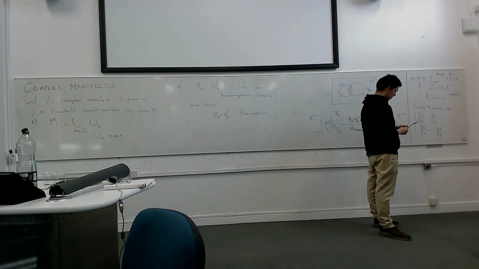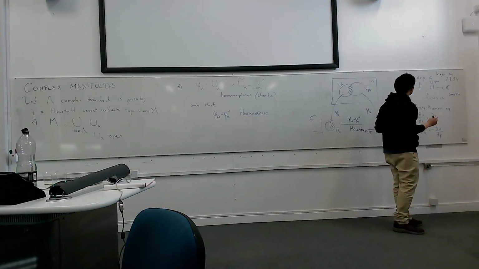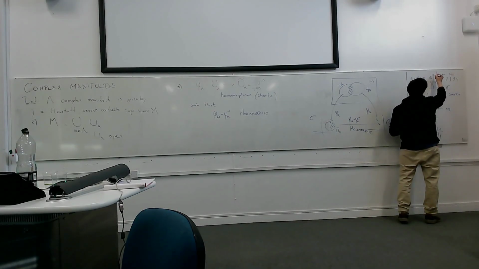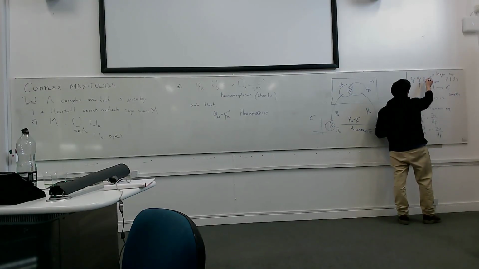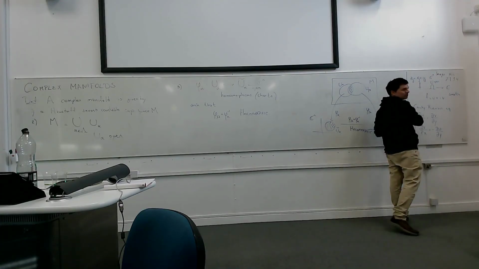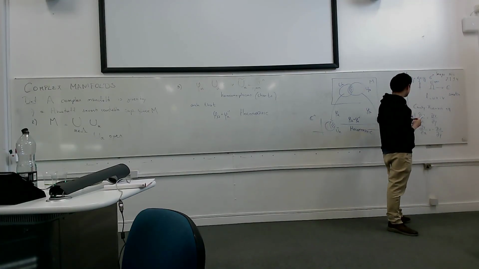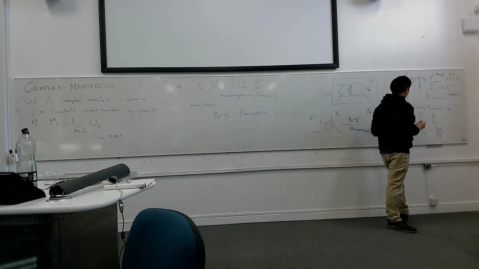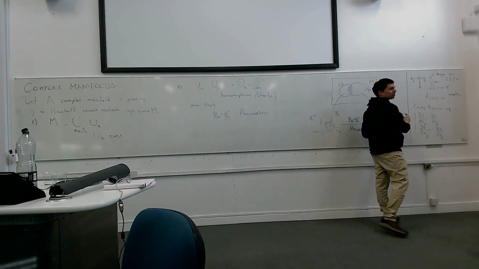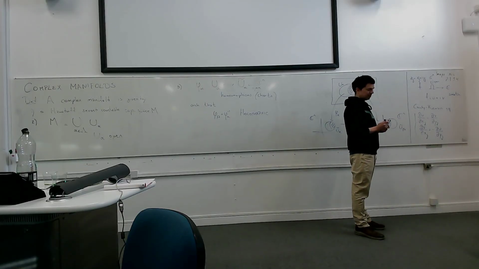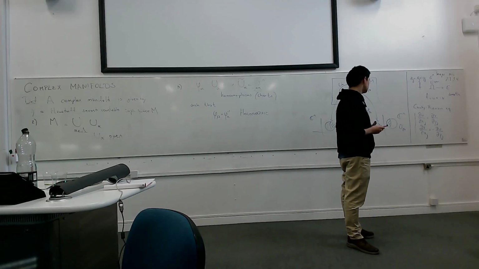So let's say now this set is in Cn, then you have n different coordinate functions z_j, and this function is holomorphic if it is so with respect to each of the variables.